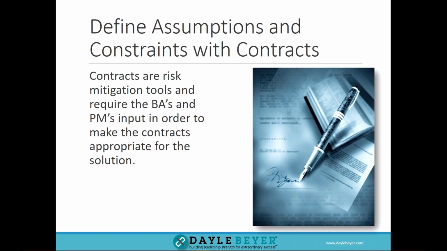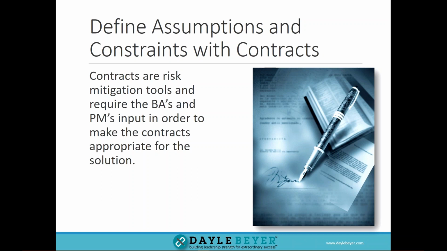Now, contracts are a risk mitigation tool, and you should have the ability to not only have input to contracts, but also have a clear understanding of what the contracts are saying. They're not boilerplate. All the requirements that you've been eliciting during the course of the project should be baked into a contract. Terms and conditions are meant to be updated.